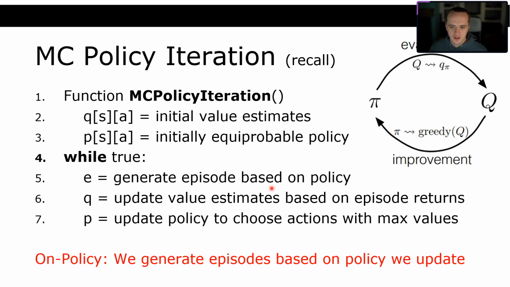We update the values based on the returns of that episode, and then we update the policy to choose the actions with the max values. So here we generate the learning episode with the policy that we then update. On policy means that we generate episodes based on the policy we use to update.